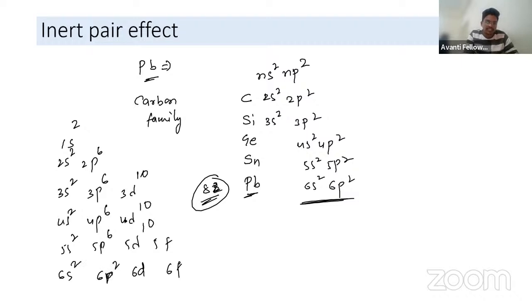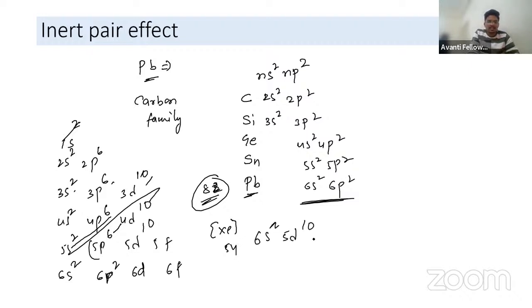Now if you see the general electronic configuration, xenon is 54, so till here this is 54. And next 6s2, 5d10, and 6p2.